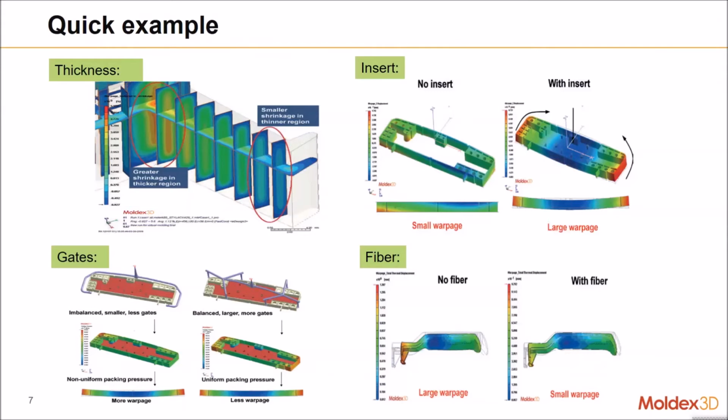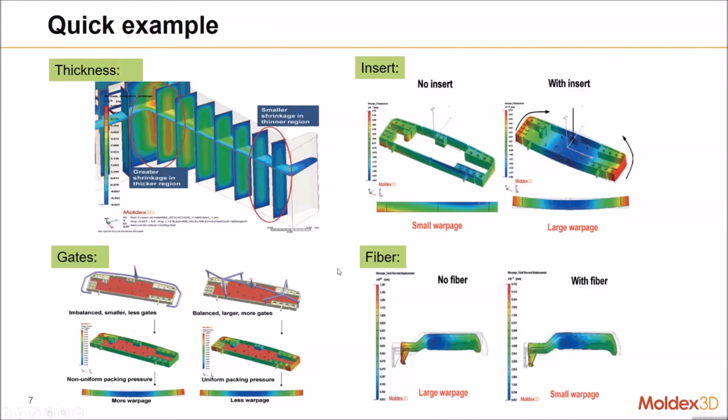However, if our part adds one insert, the insert restrains the shrinkage on the bottom half. So the part warps significantly upward instead. So this is not a very good place to add the insert in this case. Or maybe you have to change the insert location in this part.